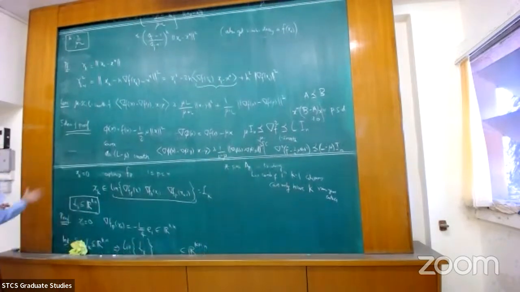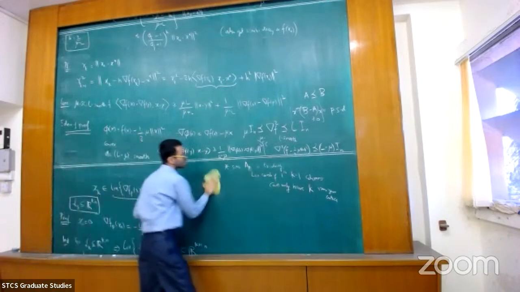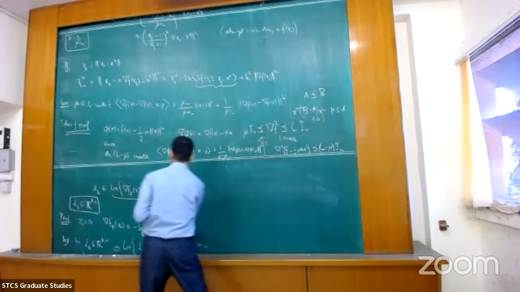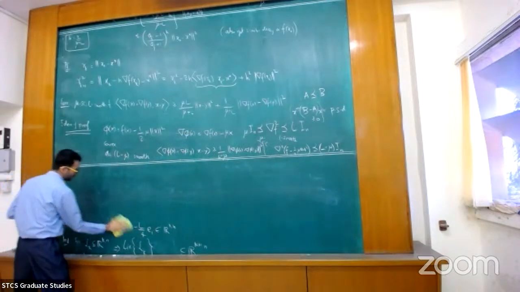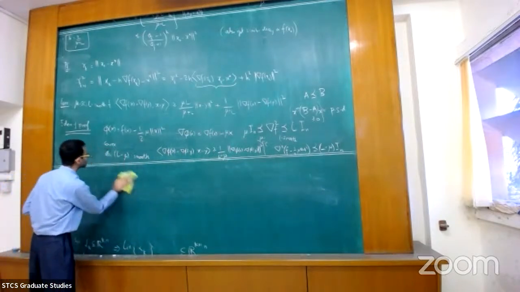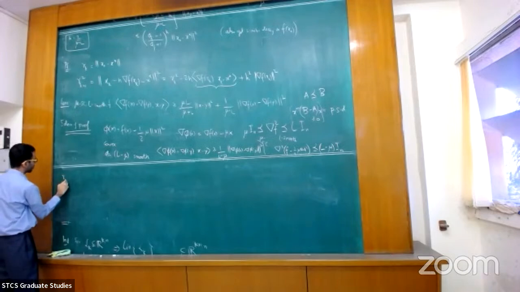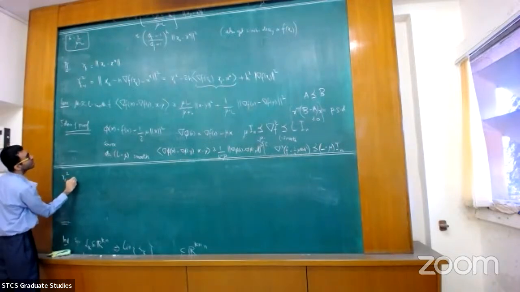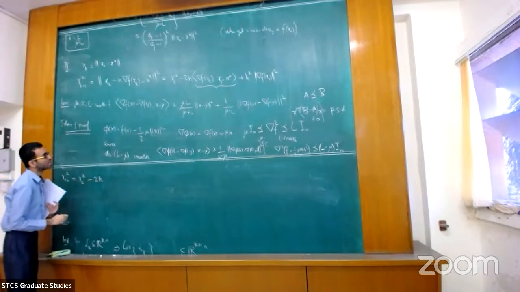Okay, so now with this key lemma, I can get back and analyze my algorithm. So remember, r_{k+1} squared is r_k squared minus something.